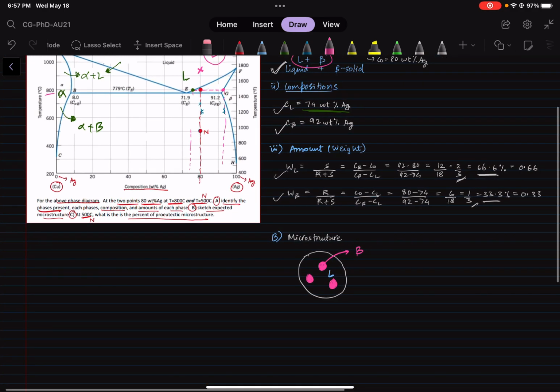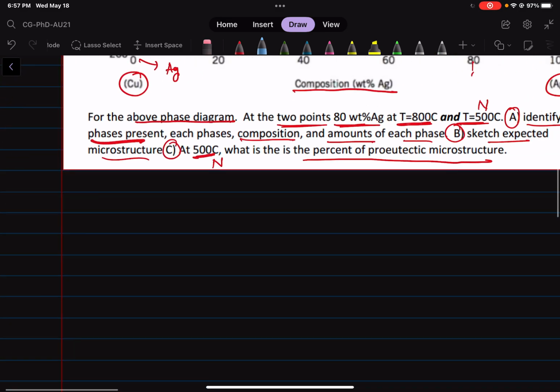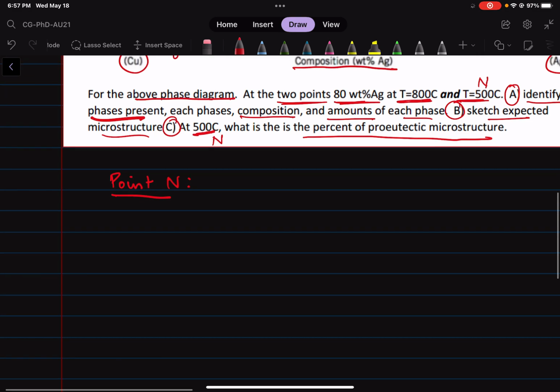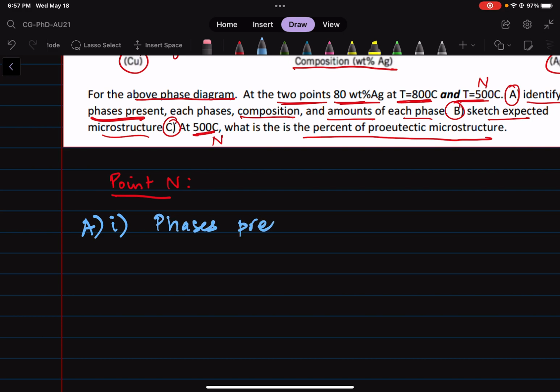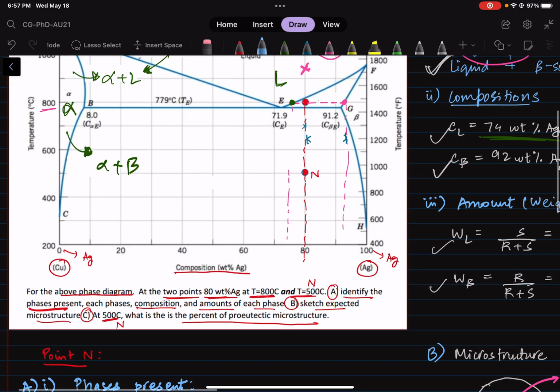All right, so this is how you can find the microstructure. Let's try to do the exact same questions for the point N. You can even stop at this point, so you could try it by yourself, or if you have done that, you could just follow along. So for the point N, again, we have to first, for part A, find what are the phases present. We did that sort of already.